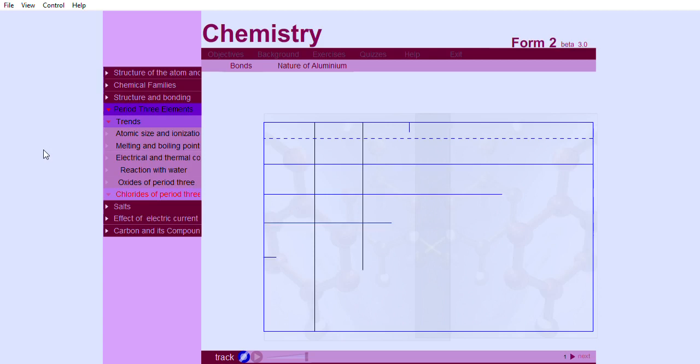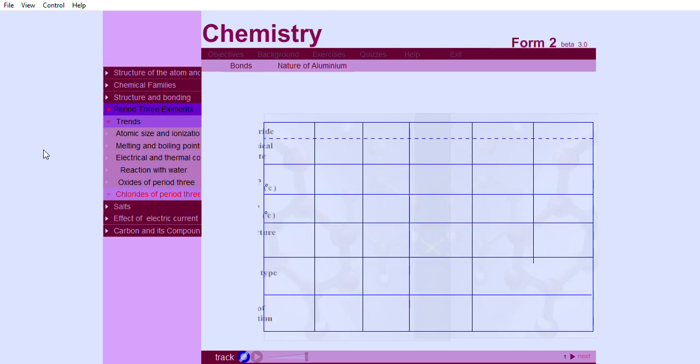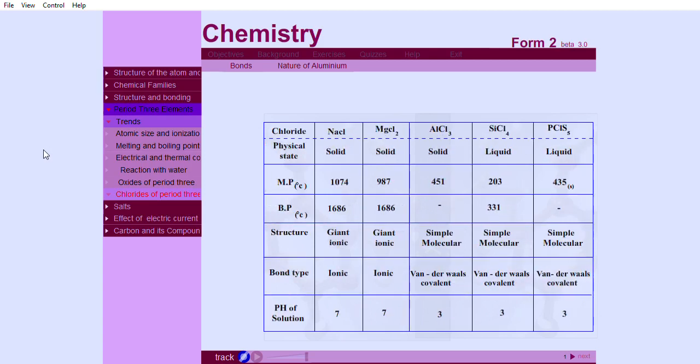Types of bonding. Chlorides of sodium and magnesium form giant ionic structures. Aluminium chloride is both ionic and covalent, while chlorides of silicon and phosphorus are molecular.